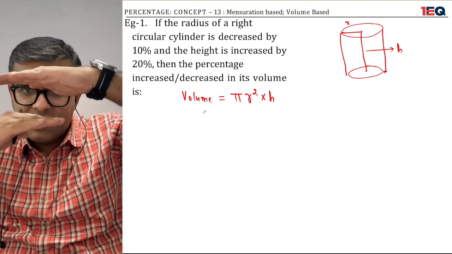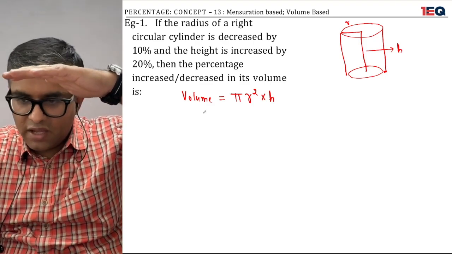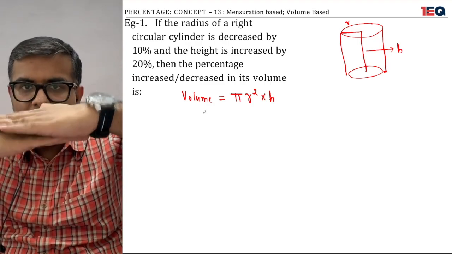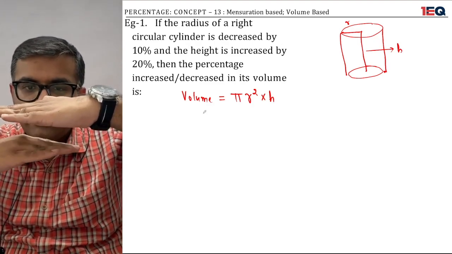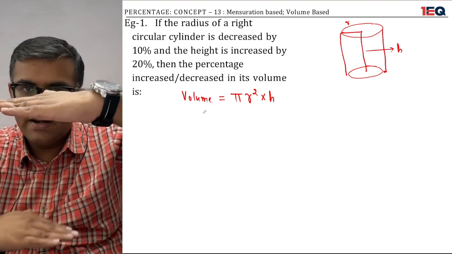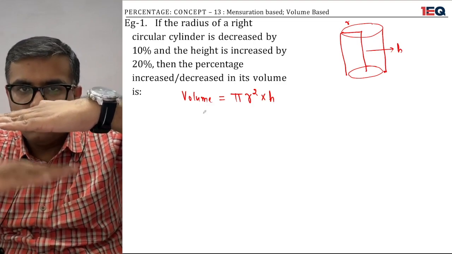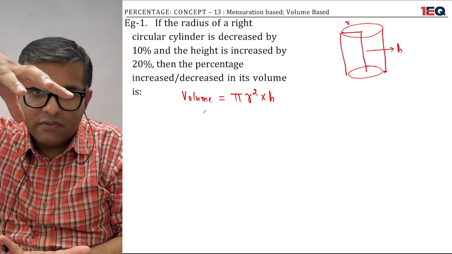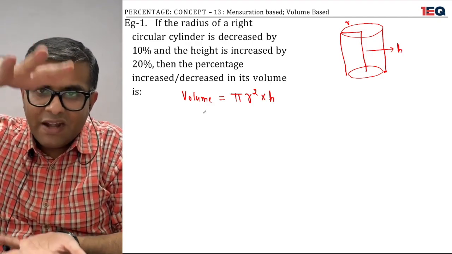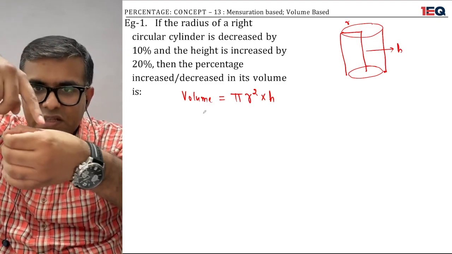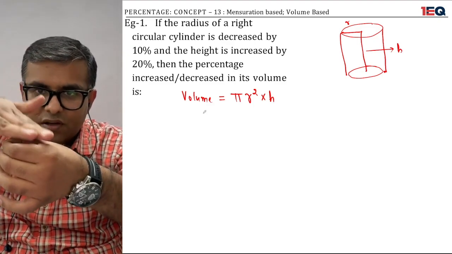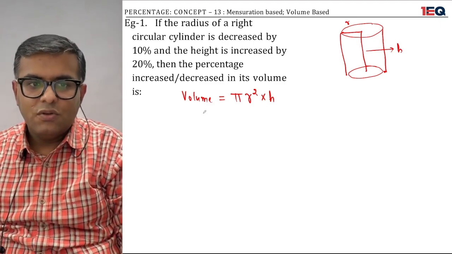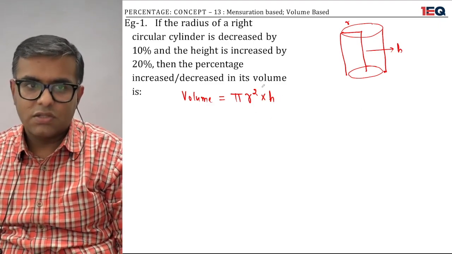So the number of stacks of height. I'm deliberately vibrating this hand for you to know that I'm stacking. I'm stacking height 1, height 2, height 3, height 4, height 5, height 6, height 7, height 8, height 9, height 10. It can go to the entire height. So when you have this entire height available with you and you multiply it with the flat tops, that is when you get the volume. So the volume is pi r square h.